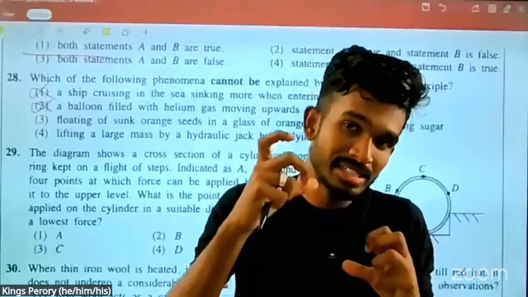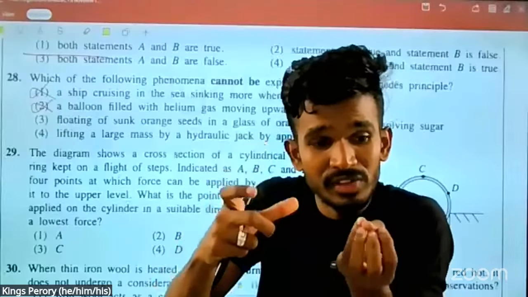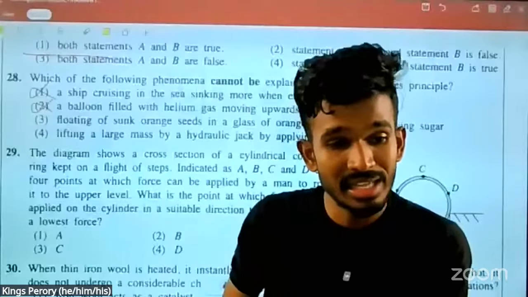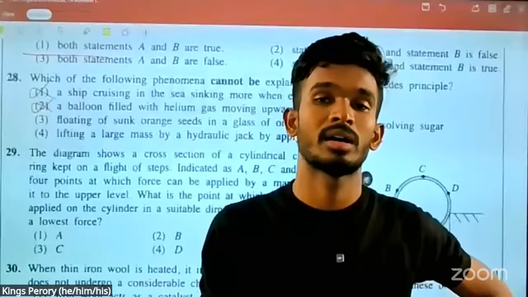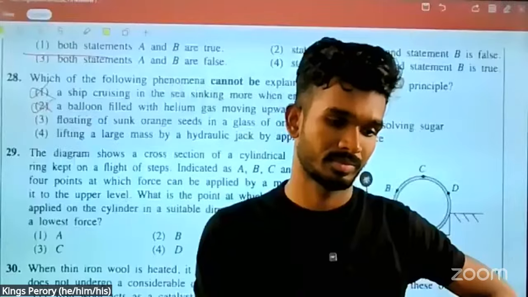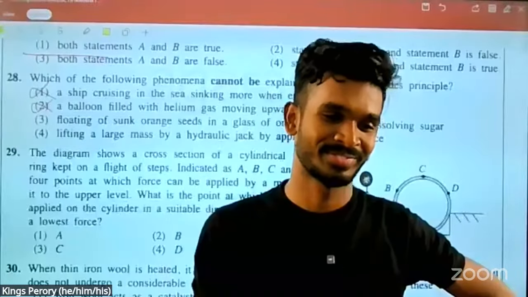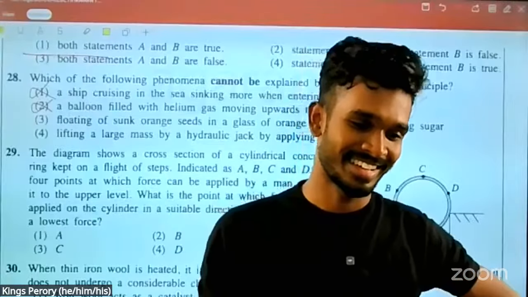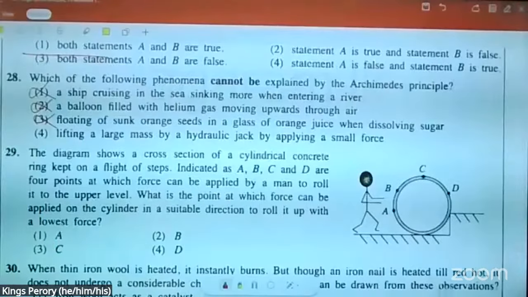Once the density of water increases, the seeds will come up. Why? Upthrust increases or decreases? Upthrust increases. Who is talking about upthrust? Archimedes. That's also wrong.